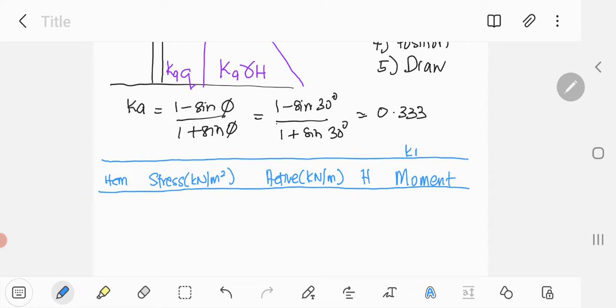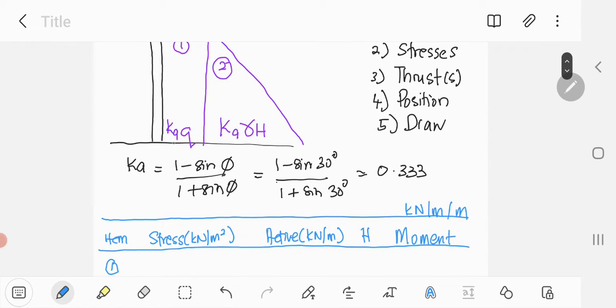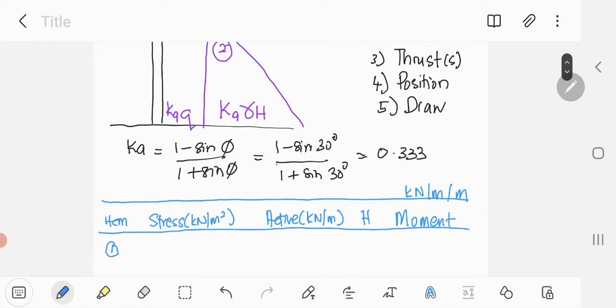Okay, so consider item number 1. If you properly put the correct notation at the base of this drawing, you just take the value.